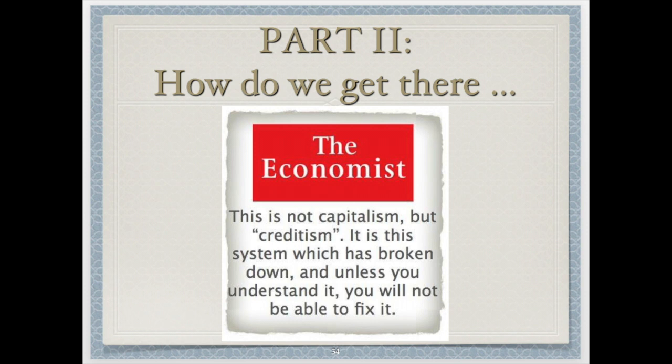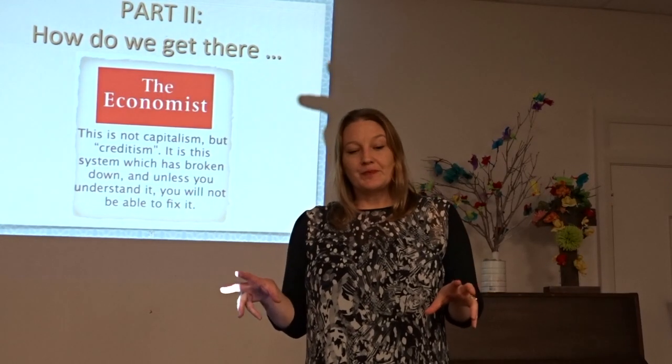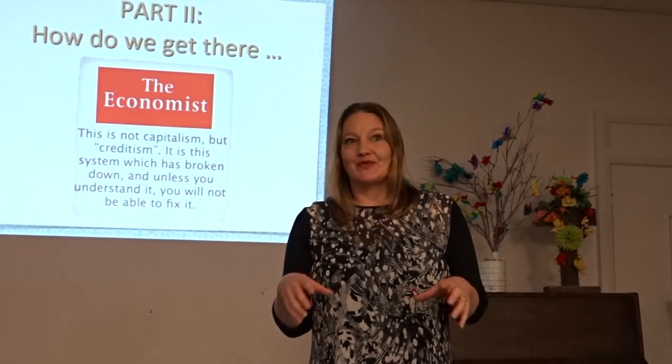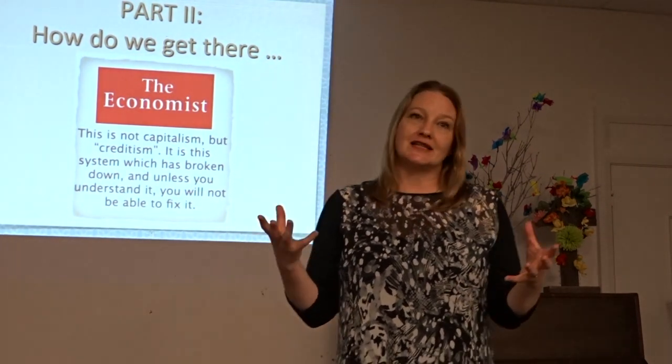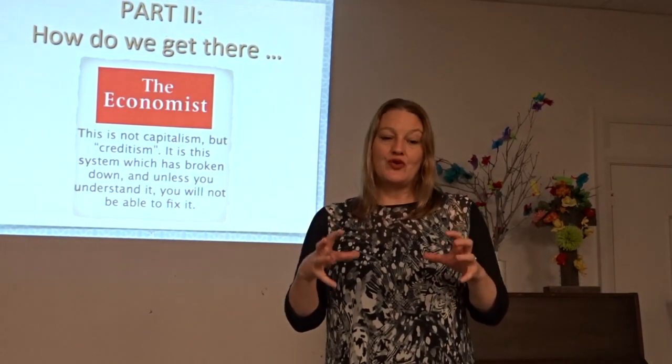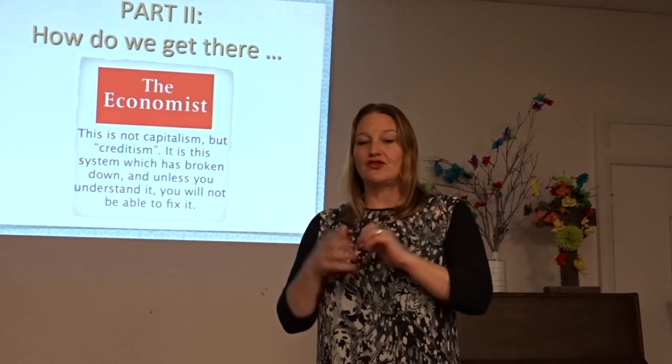And they said it's not capitalism, it's creditism. And it is a system which is broken down, and unless you understand it, you will not be able to fix it. So the thing is, not many people understand it. Hopefully tonight you guys can understand it better. But we have to know what we're dealing with before we go ahead and try and change it.